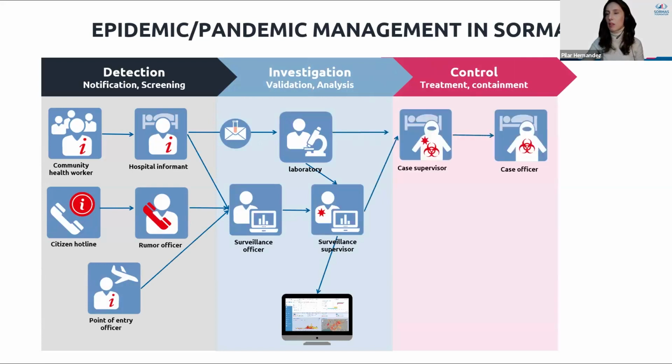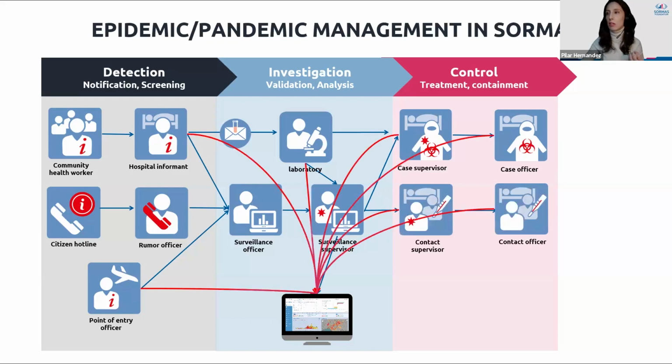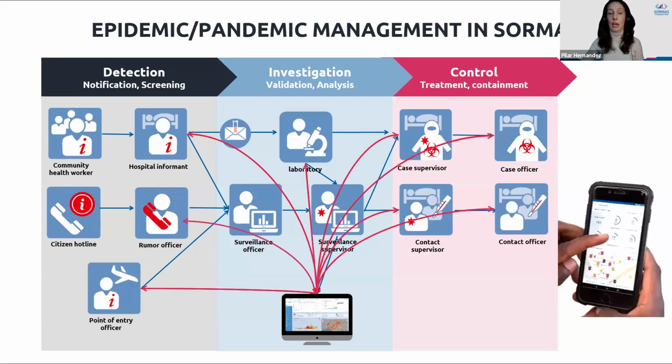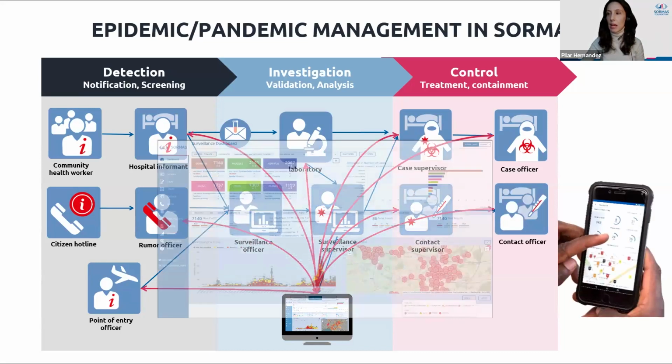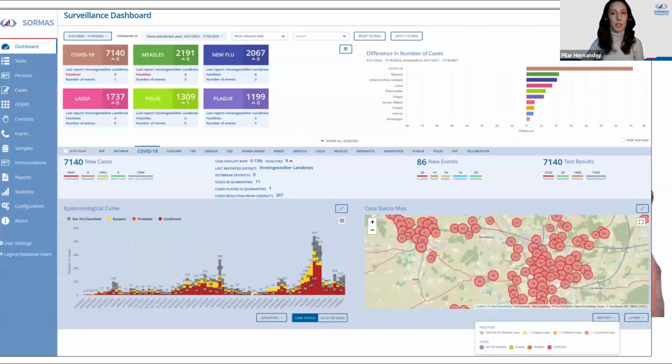And this helps during the 3 steps of epidemic control: detection, investigation, and control, for all the actors that are involved to enter the information at their points, but also to receive the information they need to act. So the system is not only a system that allows entering information, but everyone can also access information.